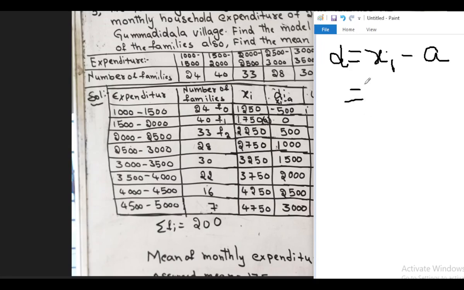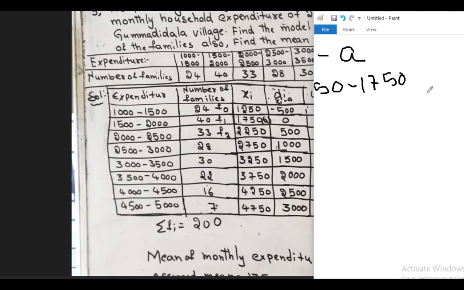So for the first class, from the midpoint 1250, if we subtract 1750, the value will be reduced to minus 500.